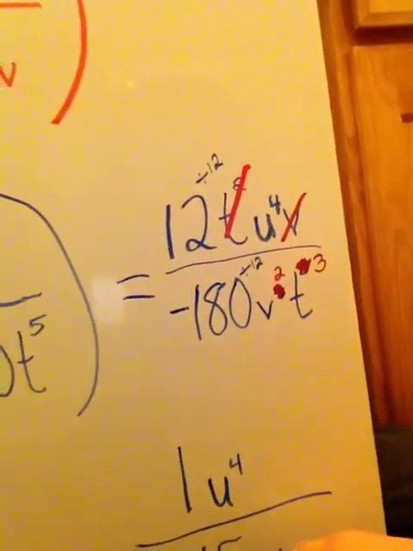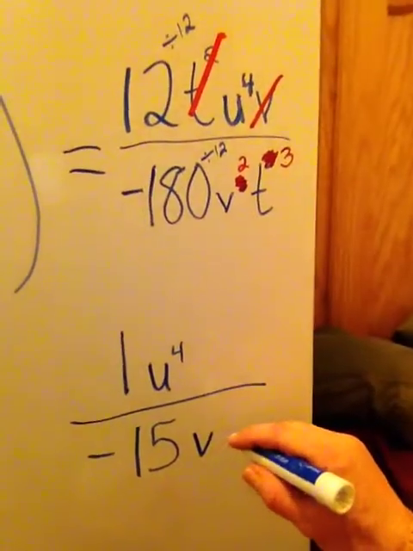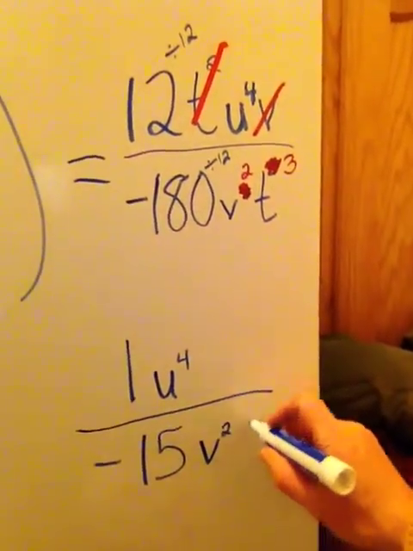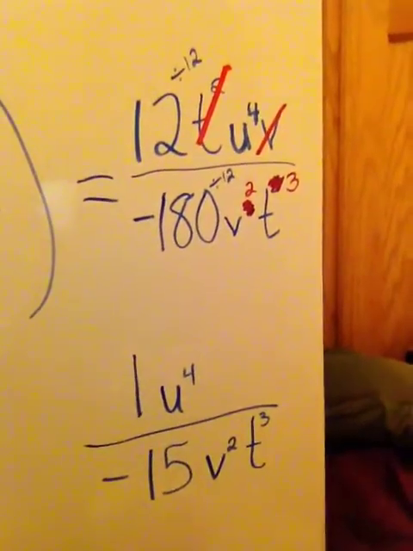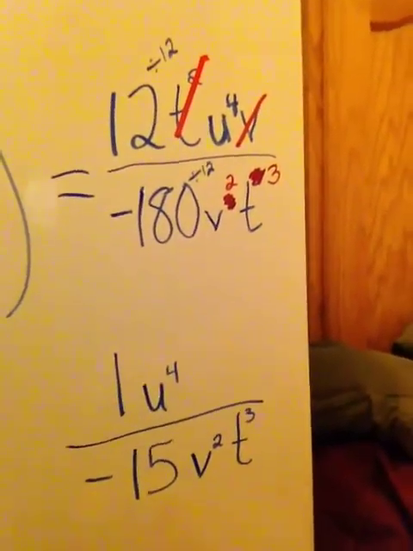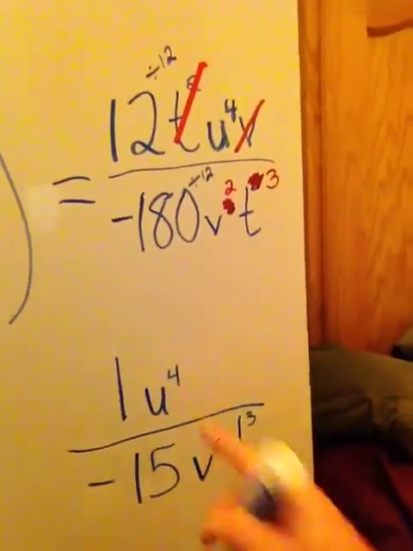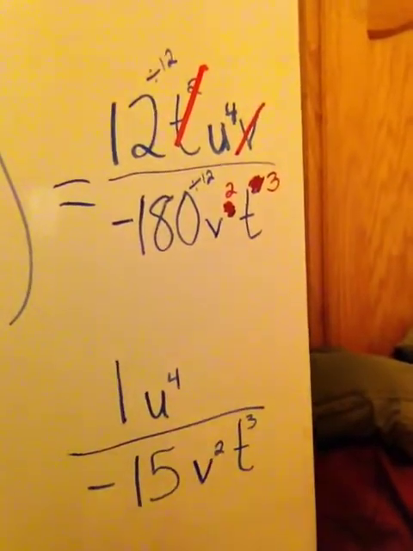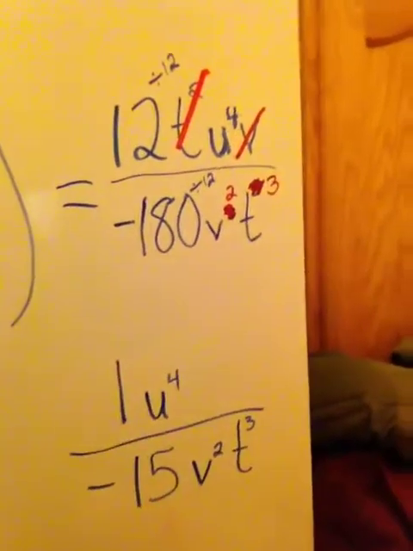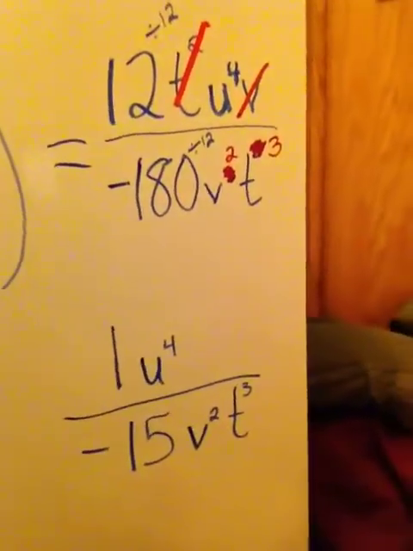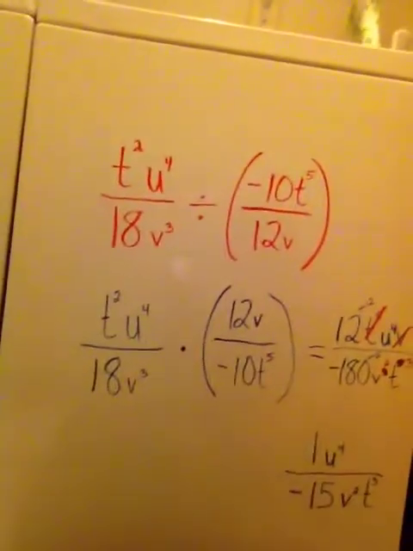So write v squared times t to the 3rd. And that is totally reduced because there's nothing upstairs that would cancel with anything downstairs. Our coefficients are totally reduced. So we're done. So that's how you would do it with more variables.